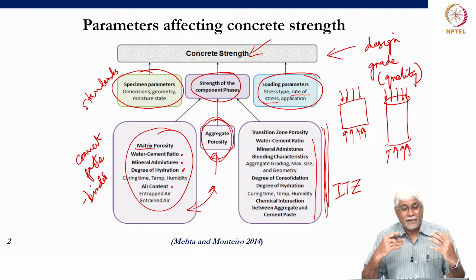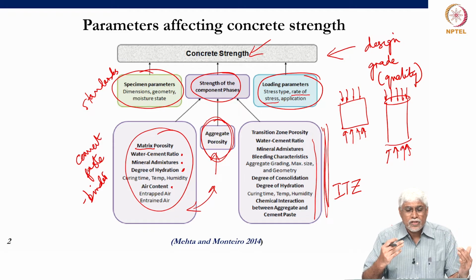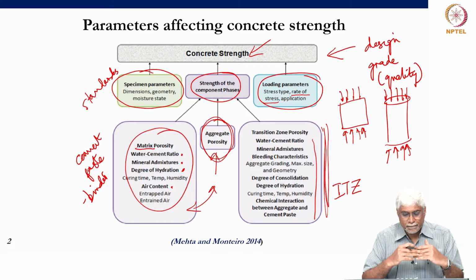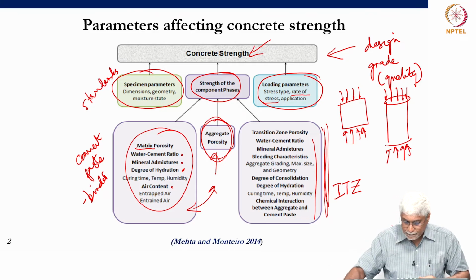You will sometimes have two interfaces: the interface between the original aggregate and the adhered mortar coming from the old concrete, and the interface between the new cement mortar and the old cement mortar. This is what changes, and as we go through the rest of the discussion, you will find that the origin of the differences in the characteristics between concretes comes from these two aspects. The aggregate itself has changed, and the interface is now changing.